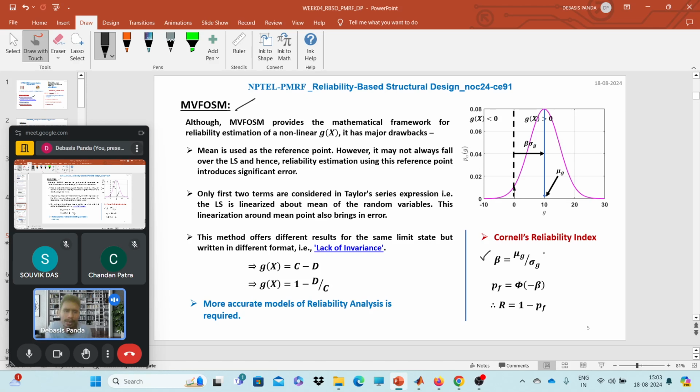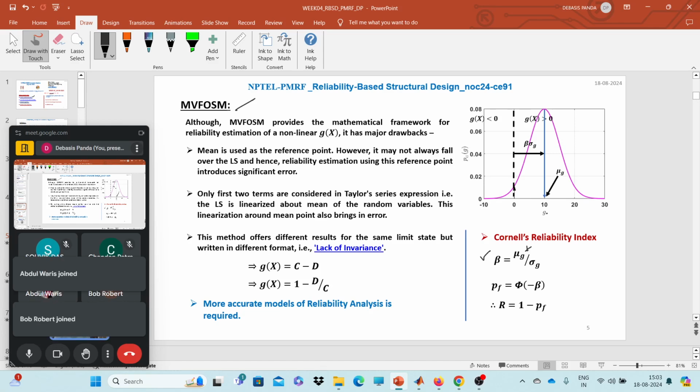It is the ratio of the first moment of the limit state function at the origin divided by the second central moment.